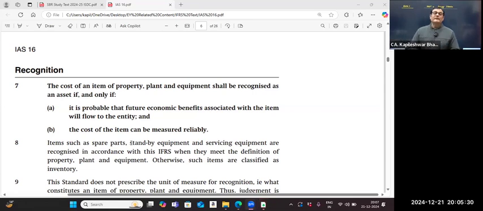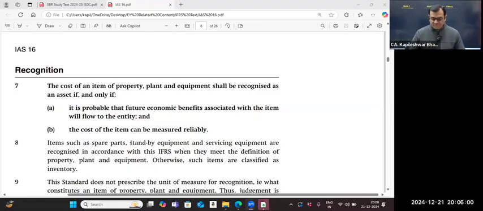I don't need to prove legal ownership, but I need to prove that economic benefits will flow. And condition 2 is that the cost can be measured reliably. You know what you spent on the asset. You will see in many standards going forward, the recognition criteria is the same in almost all these asset-related standards. You should be able to prove economic benefits have a probability of more than 50 and the cost can be measured reliably.